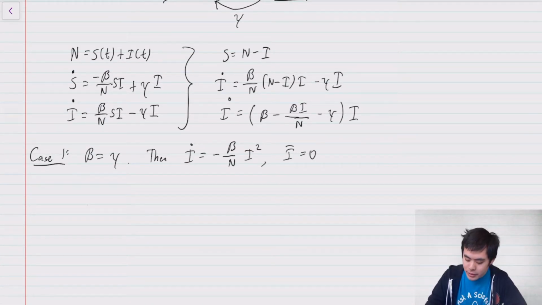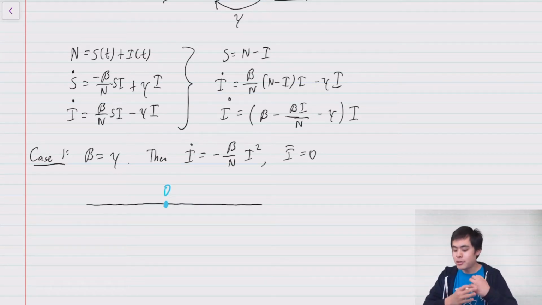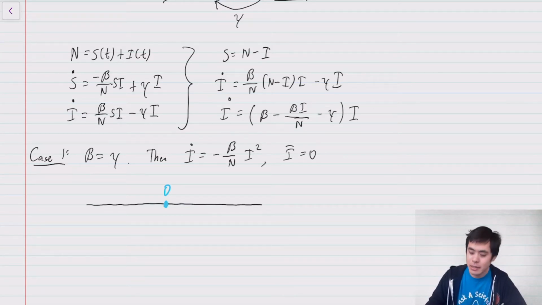Okay, so what does this look like? Well, we have our phase line here. We only have one equilibrium, 0. And you'll notice that no matter what I is, I squared is positive, so long as I is not equal to 0. And beta and n are both positive as well, so you get a minus sign on both.